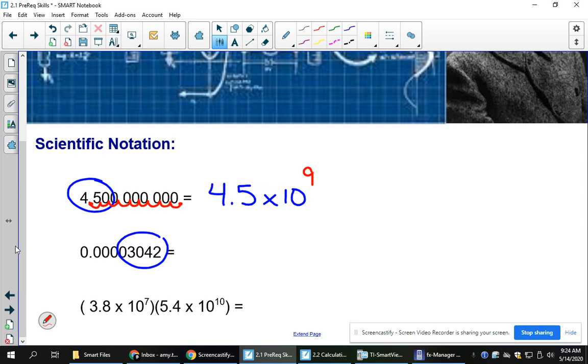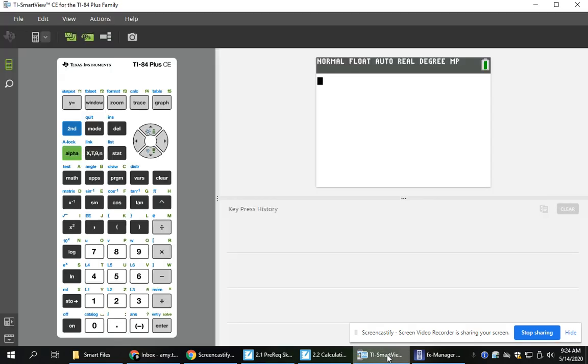Now, with these little red bumps, I'm going between the numbers because that's where a decimal would move to, okay? Now, something to note about calculators, and I'll show you both because in our class we have both the TI and the Casio. On the TI, you're going to put your number 4.5, and then whenever they want to do the times 10 to the power, you're not actually going to hit that.